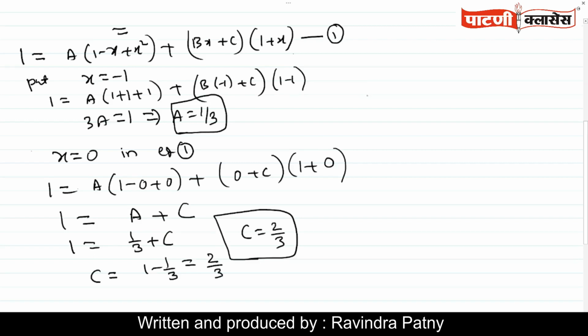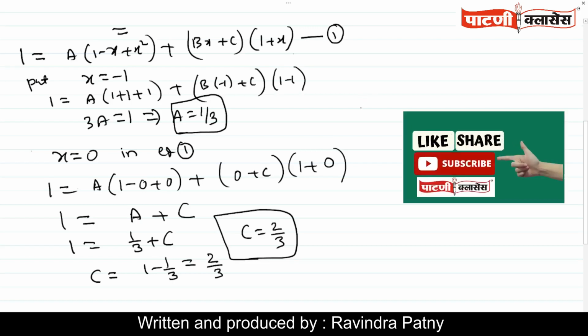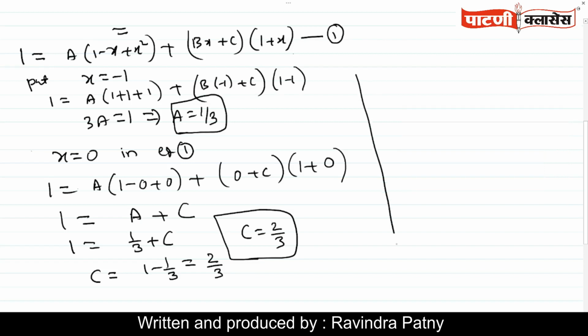Now we are left with the b value. For that we select an x value such that none of the brackets becomes 0. That is what I usually follow when 3 coefficients are there. Now I put x equals 1 such that no bracket becomes 0. So in equation 1 I am putting x equals 1. So a into 1 minus 1 plus 1 square, plus b plus c into 1 plus 1.